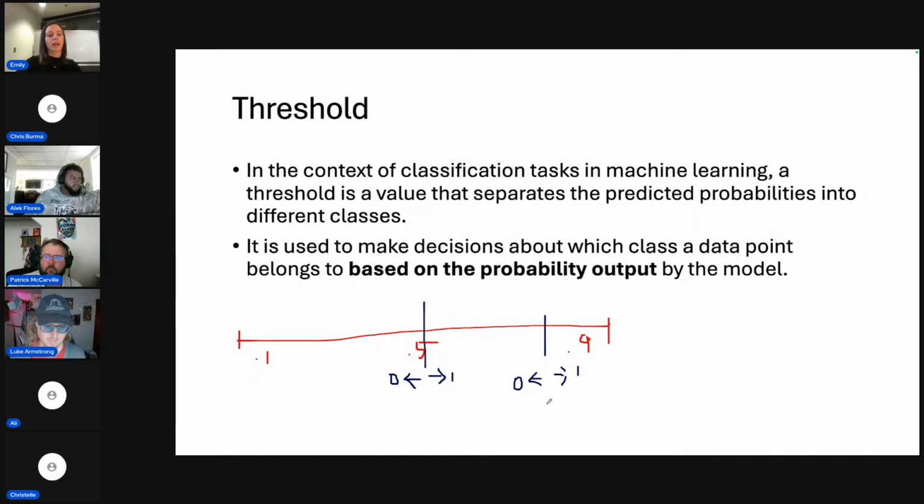What do you guys think would happen to precision if we put the threshold at 0.8 relative to 0.5, just generally speaking? We don't have a data set here, but generally speaking, how do you think that would influence precision?